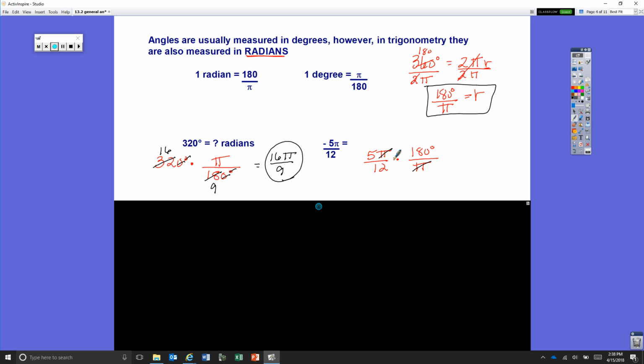So the pi reduces, and 12 and 180 reduce to 15. So I have 5 times 15. And I get 75 degrees.